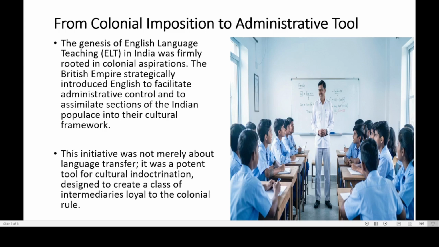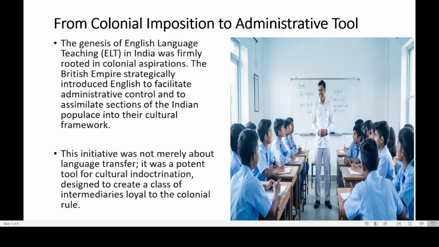In a way, I should say, they needed people who could write reports for them, who could maintain official records, who could translate documents, and who could communicate orders. So they started promoting English education in India. A very important moment came in 1835.